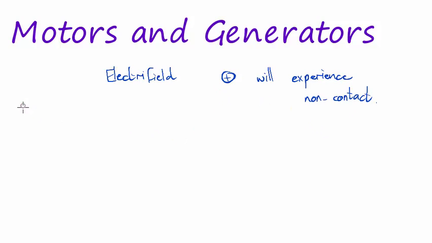Now, what is a positive charge? It's a proton, for example, or something that has given away its electrons and is now positively charged, and so it is experiencing a force.